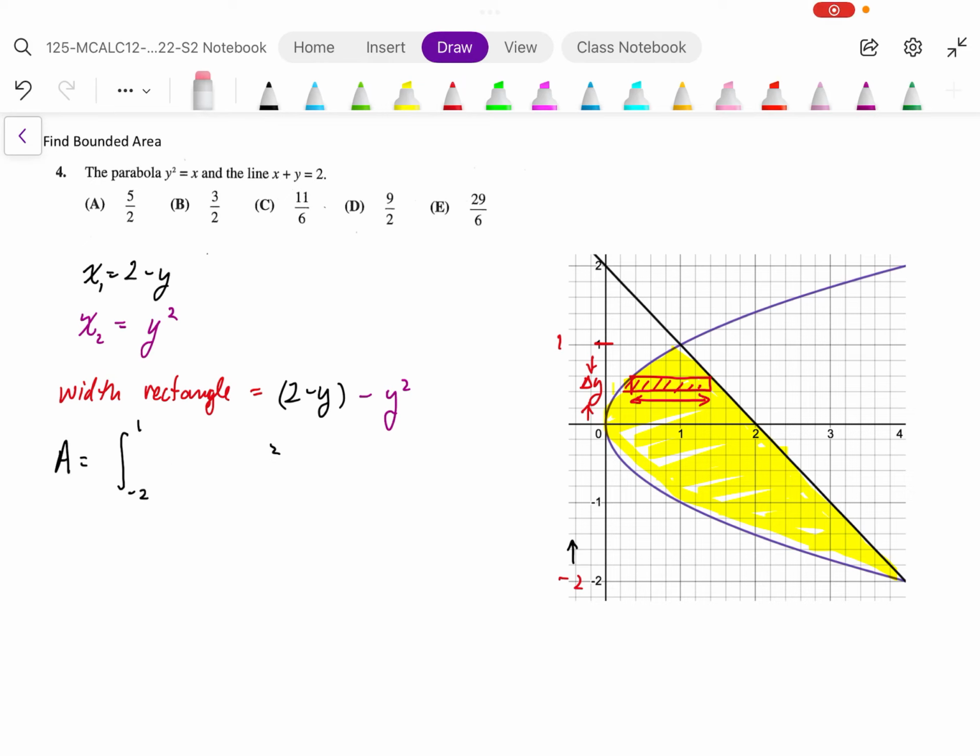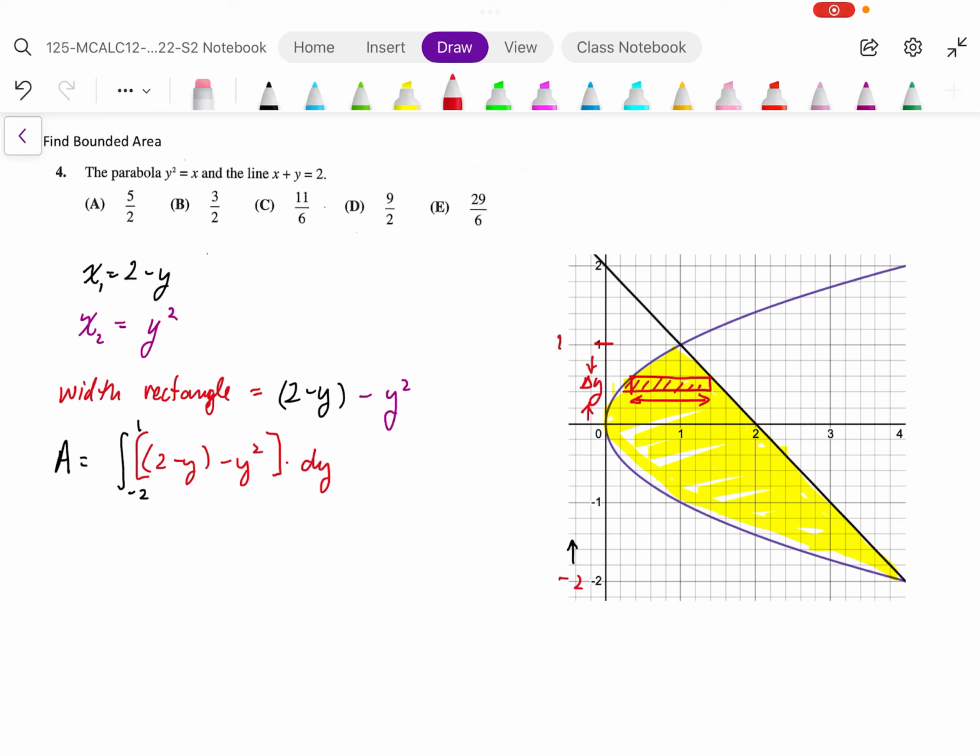Actually, I'm just going to write that in red. So 2 minus y minus y squared represents the width of that rectangle. And then I'm going to multiply that by dy. That red represents the rectangle. The integral represents summing up those rectangles from y equals -2 to y equals 1.